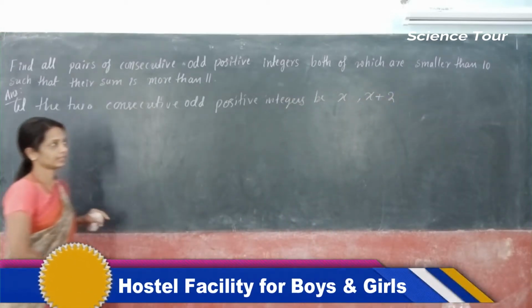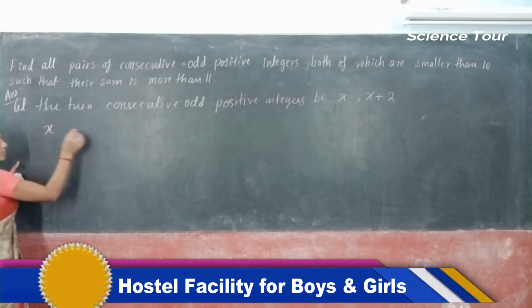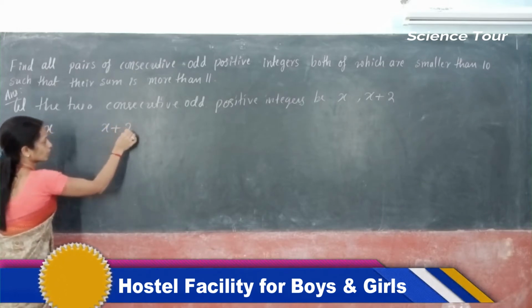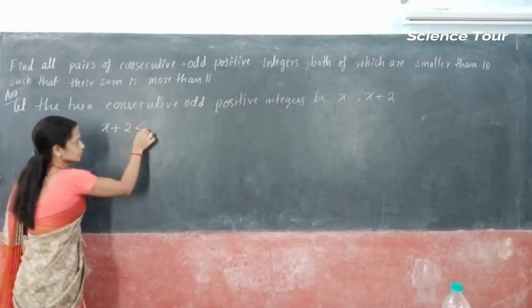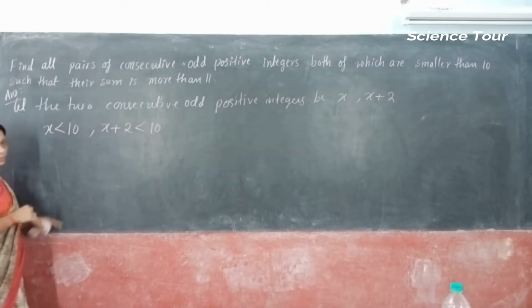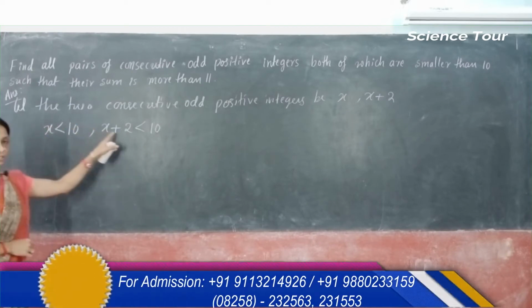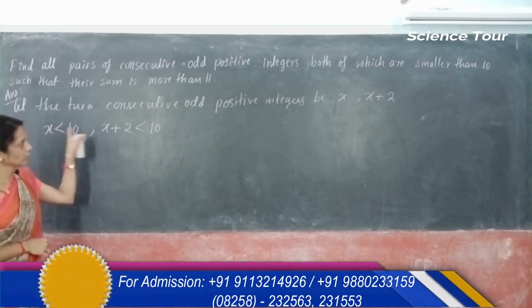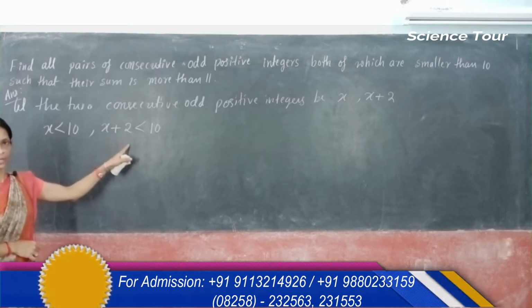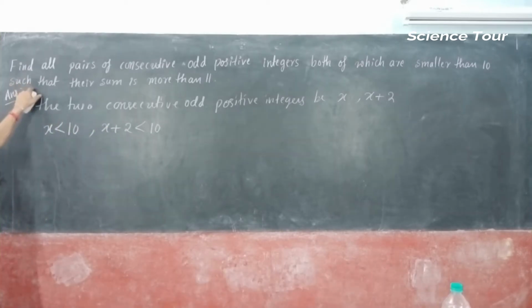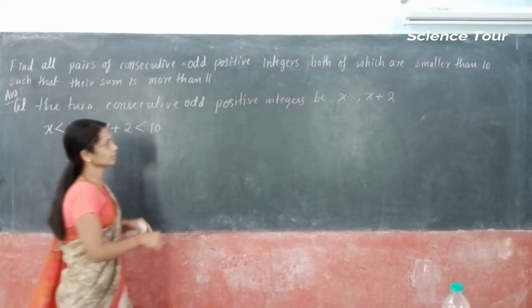How can we write that symbolically? Both means x as well as x plus 2. Both of which are smaller than 10 means less than 10. This is also less than 10. We are given this condition: both odd positive integers should be less than 10. So using that we got two inequalities, and one more is there: such that their sum means what?